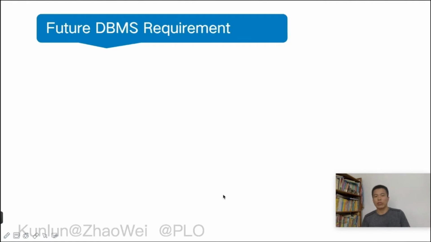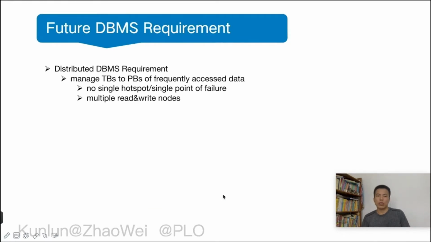So for future DBMS requirements, a distributed DBMS should be able to manage terabytes to petabytes of frequently accessed data, with no single point of failure or single point of hotspot.